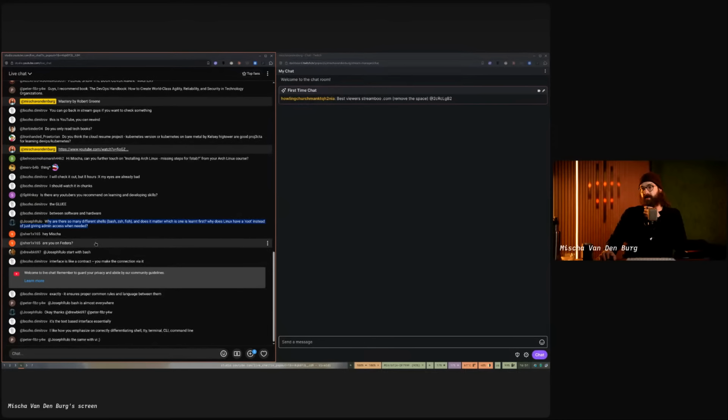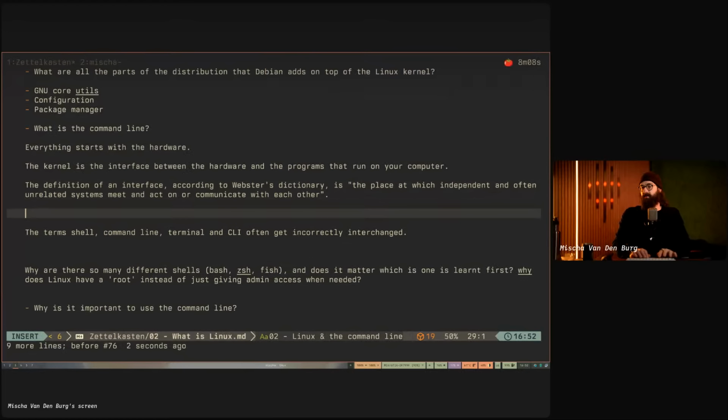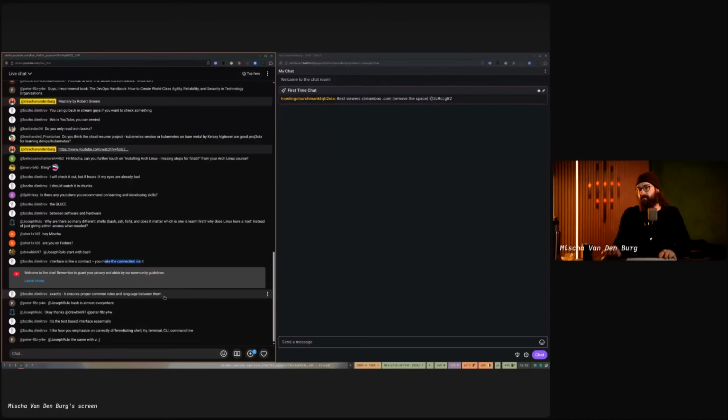Are you in Fedora? Yes, I'm currently running Fedora. An interface is a contract. You make the connection with it. Yes, it ensures proper common rules and language between them. That's actually a very good way of putting it. Thank you for that.